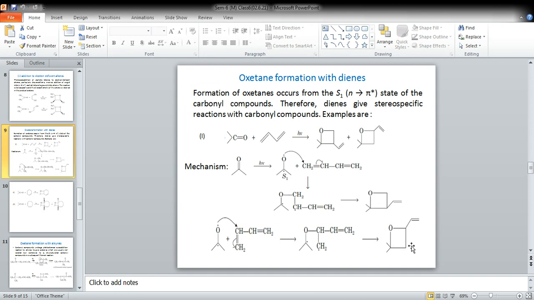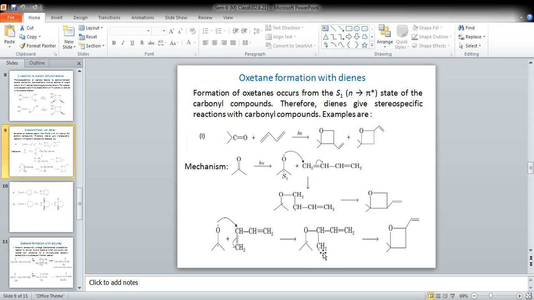Now tell me, from these two mechanisms, which will be major and which will be minor? The first product will be major, the second product will be minor. Why? Because this particular free radical intermediate is more stabilized compared to the bottom one.